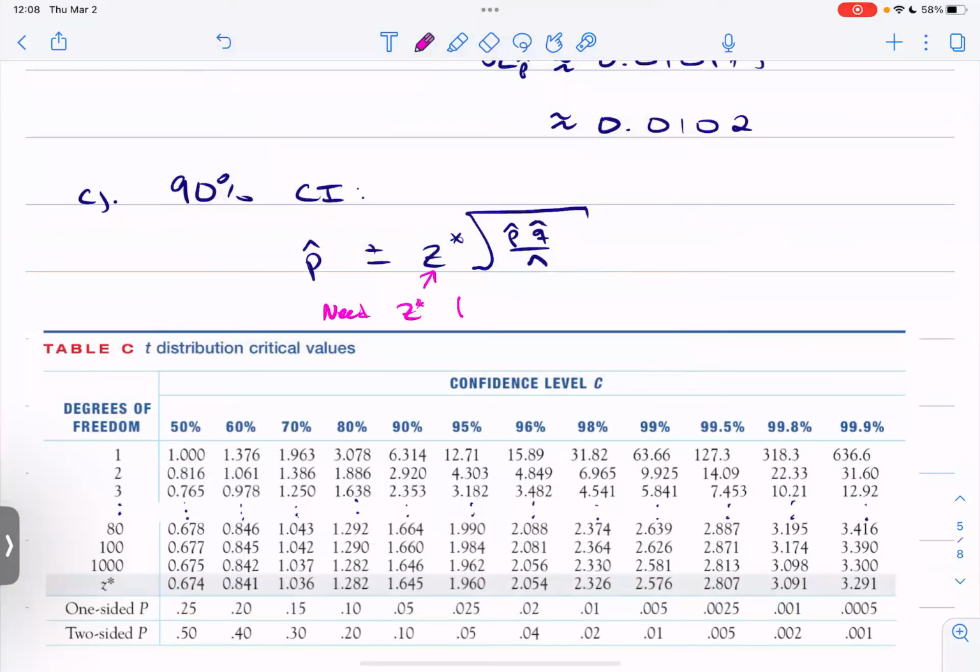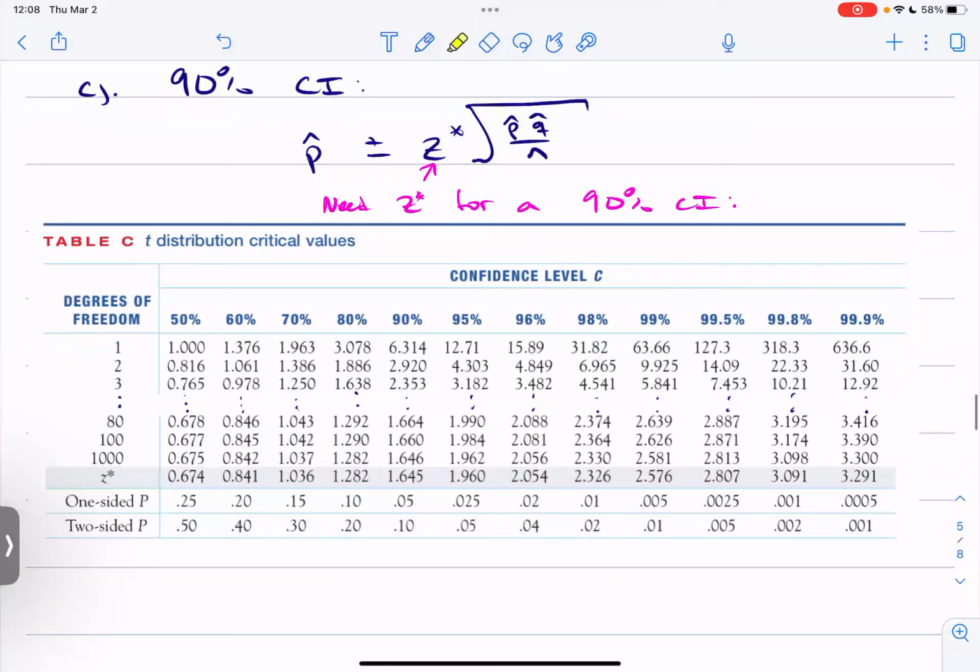Need z star for a 90% confidence interval. So here I am at 90, and I just like to trace my way down. My z star is 1.645. Notice that as we get lower and lower down, they're all pretty well similar, 1.664, 1.660, 1.646. So you want to make sure that you're actually on the z star line.